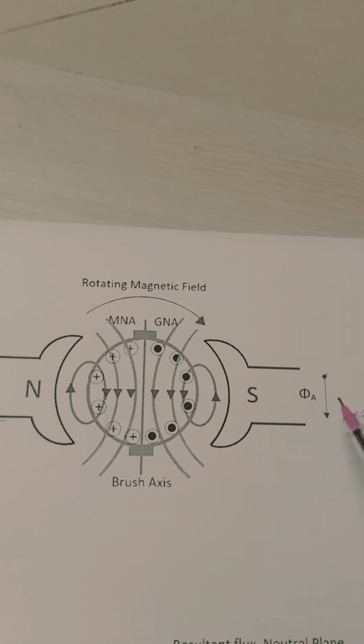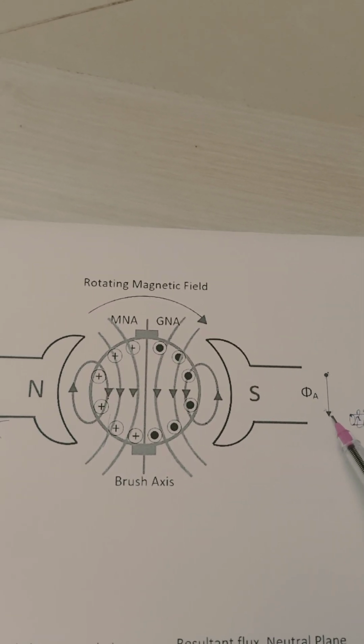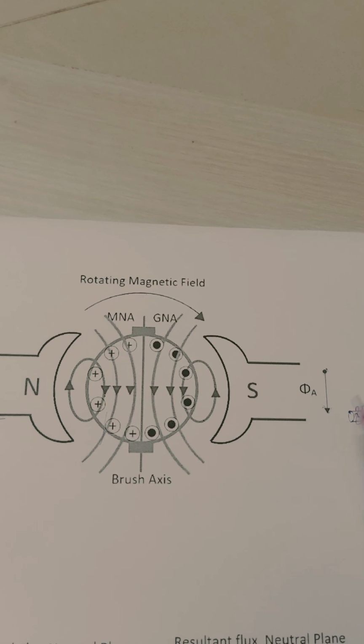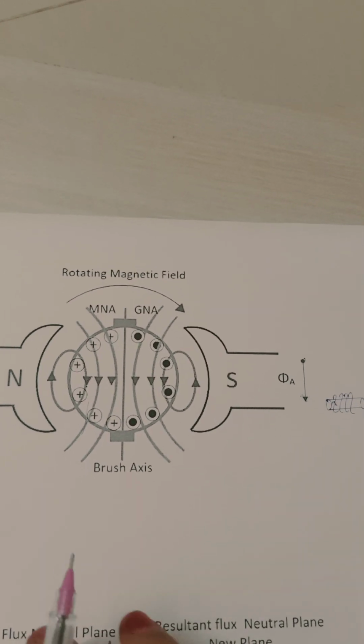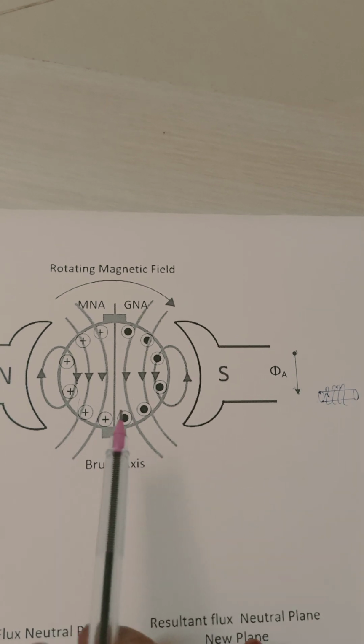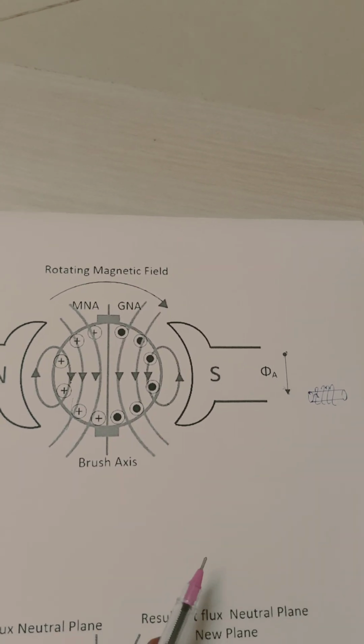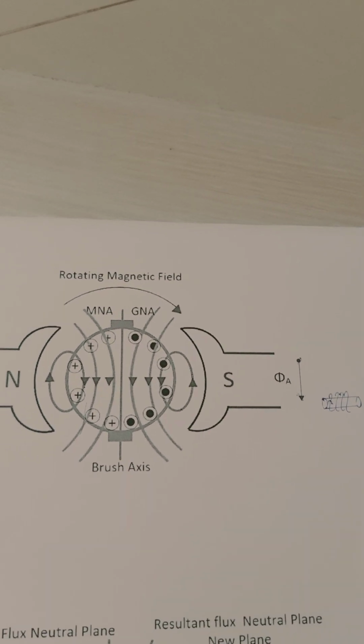The direction of flux will be downwards due to the armature flux. When current is flowing through the armature conductors, distribution of flux will be in the downward direction.